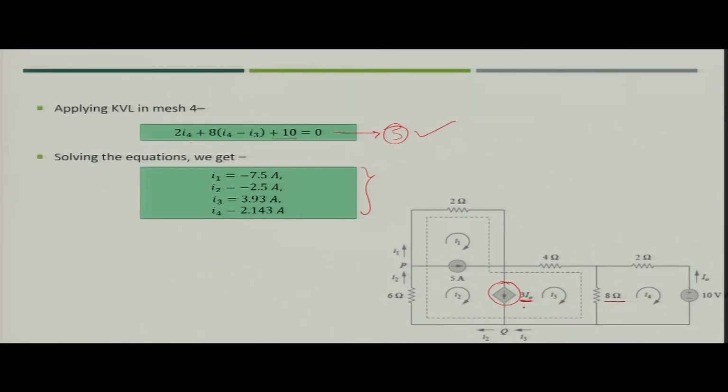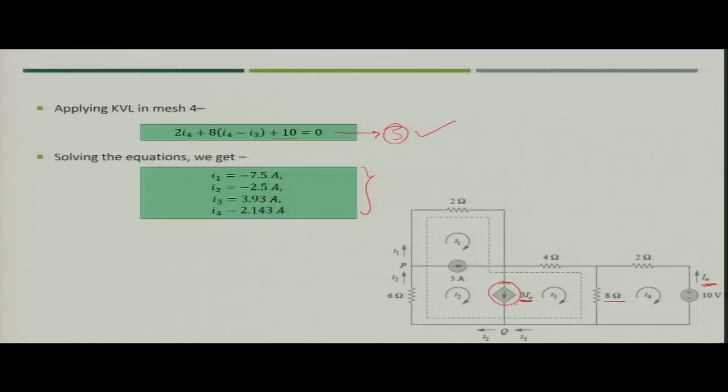Here, the dependent current source value depends upon the current flowing from the voltage source. With I4 equal to minus I0, it was easier to put the value in the dependent current source and do the analysis.